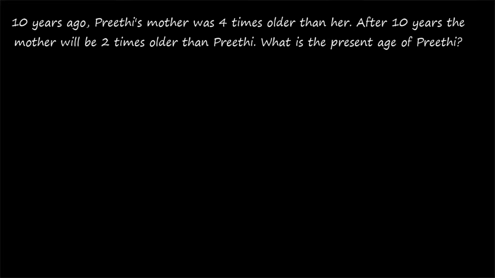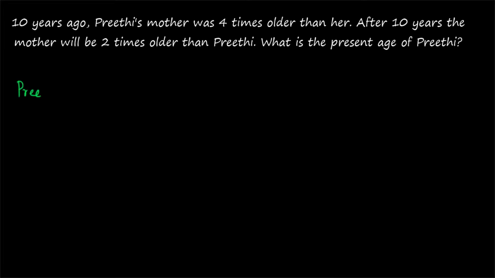Now question number 3. 10 years ago Preethi's mother was 4 times older than her. After 10 years the mother will be 2 times older than Preethi. What is the present age of Preethi? So here also the relationship 10 years ago is given.